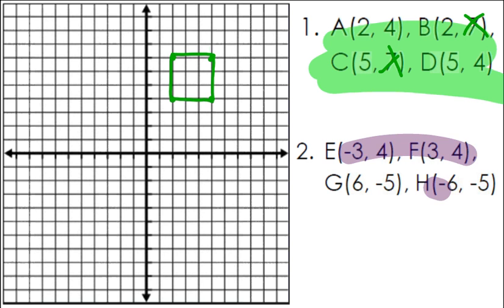All right, so shape 2. We've got -3, +4 for point E. That's E right there. F is at 3, 4. So F would be right there. G is at 6, -5.